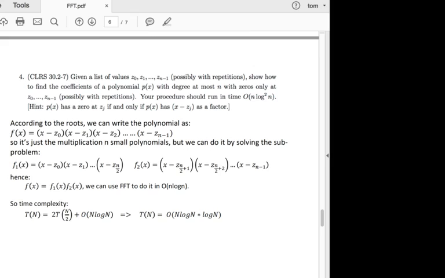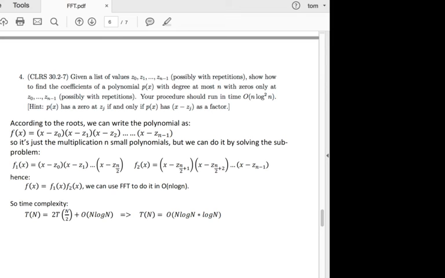Okay, for problem 4, given a list of values, show how to find the coefficients of a polynomial of degree at most n. So the problem is just giving you n roots and asking you to find the coefficients of the polynomial.